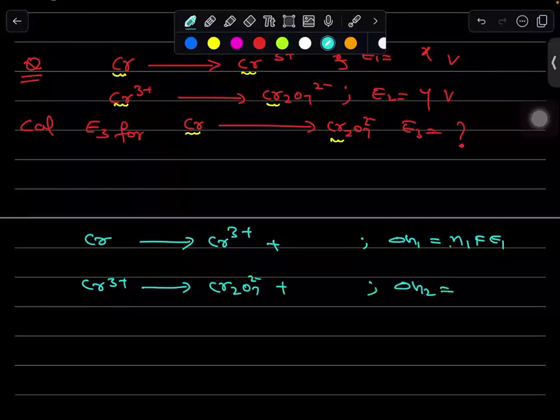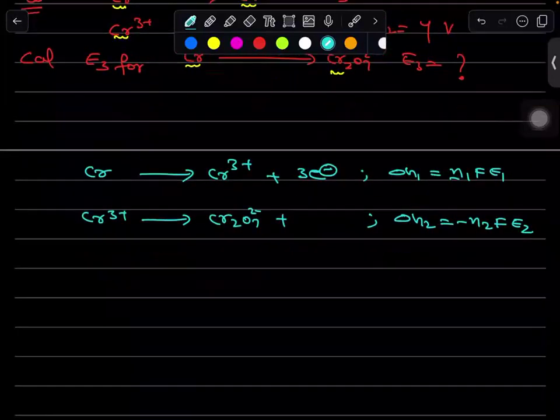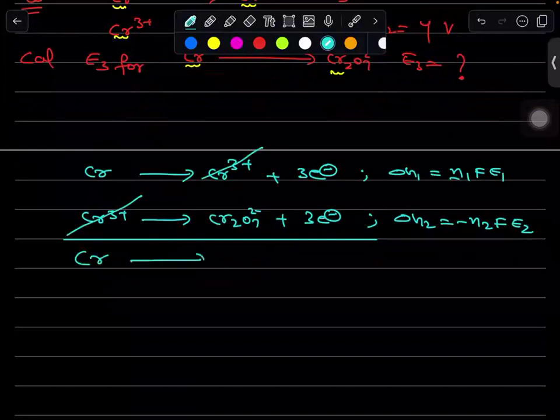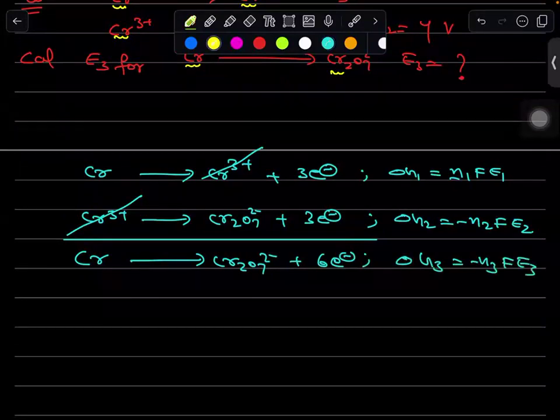First one 3 electrons, okay. Second one 3 electrons, okay. Third one 6 electrons. After adding this, chromium +3 will get cancelled. Cr becoming Cr2O7 2 minus will be 6 electrons, which is del G3 equal to minus N3 F E3. From here add the things.